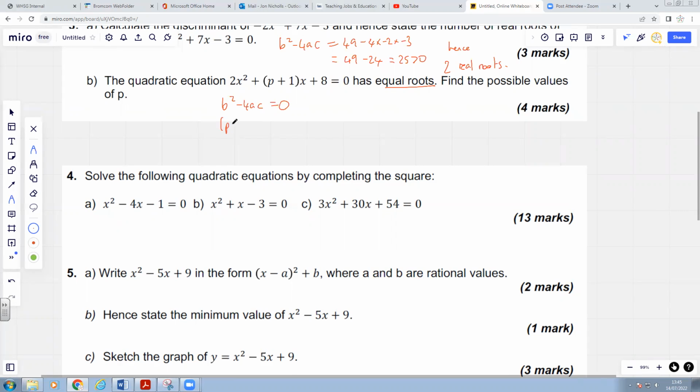So let's do this. (p plus 1) squared minus 4 times 2 times 8, and if it's got equal roots, it equals 0. So (p plus 1) squared equals, well, 2 times 8 times 4 is 64. And so p plus 1 is 8 or minus 8. It says values, plural, and that's because when we square root, we get two answers, and therefore we're going to get 7 or minus 9. Done.